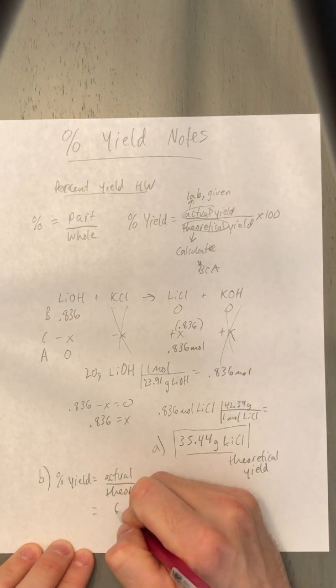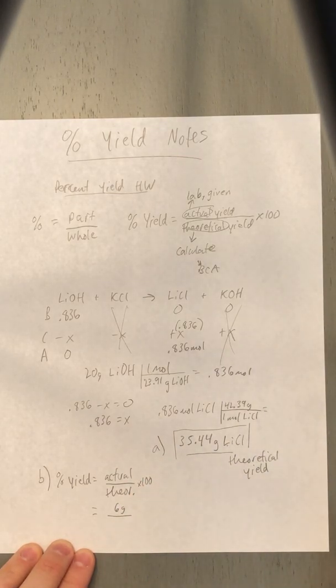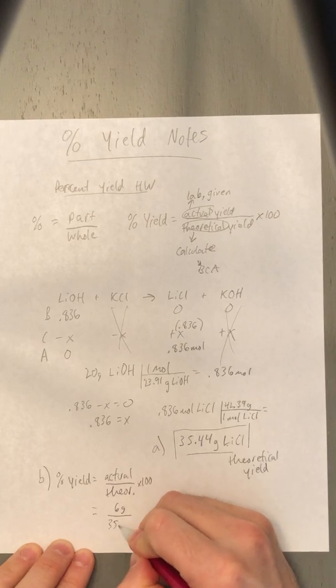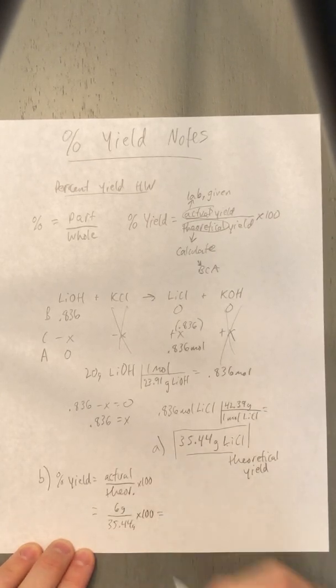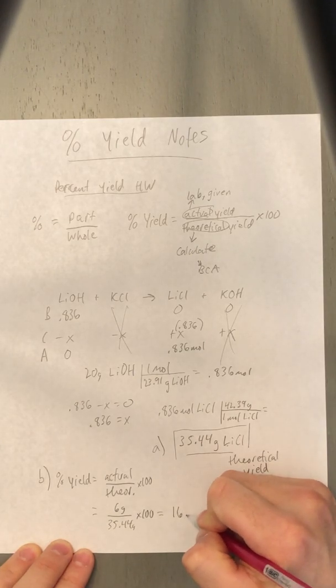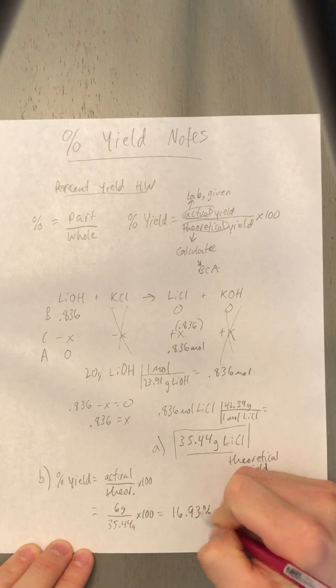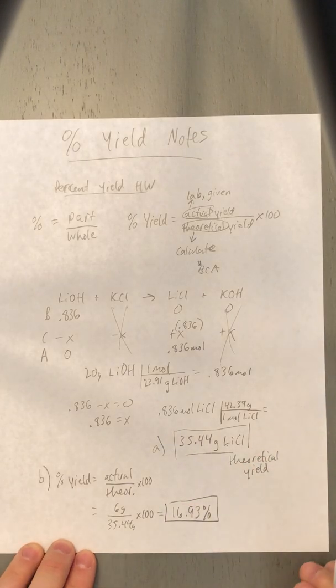So actual is 6 grams divided by my theoretical, which is 35.44 grams. We multiply that by 100, and we're getting 16.93%, and that's our percent yield.